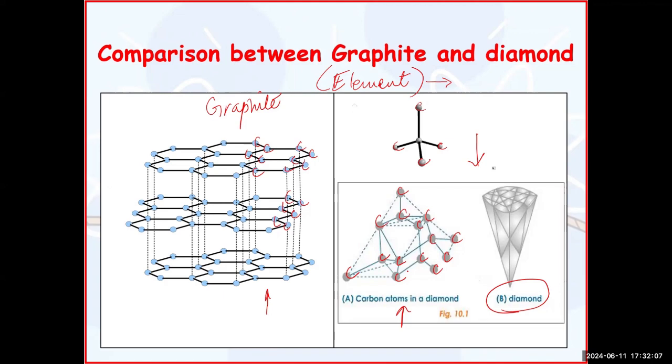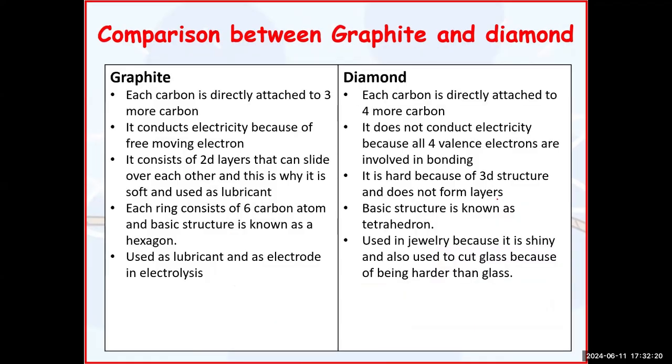Once you rote learn it and it's on your fingertips, many other things are understood. What I'm explaining is not for understanding but for rote learning. You have to learn that in graphite, you have seen that this was a hexagon structure like this.